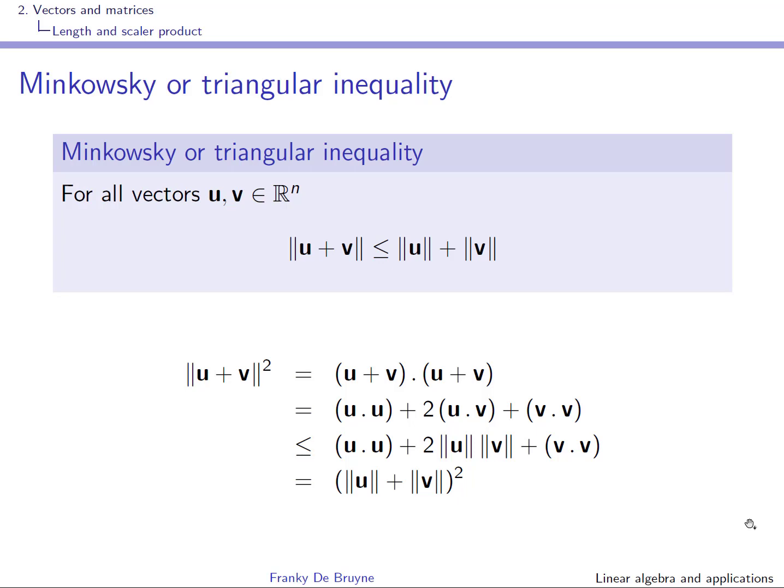Well, this can be proved quite easily. Let us look at the squared length of u plus v, and this can be rewritten like this by the properties of length, and then you go to this formulation here using the distributivity property of the scalar product.